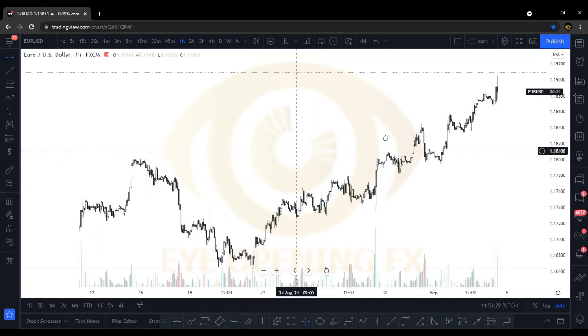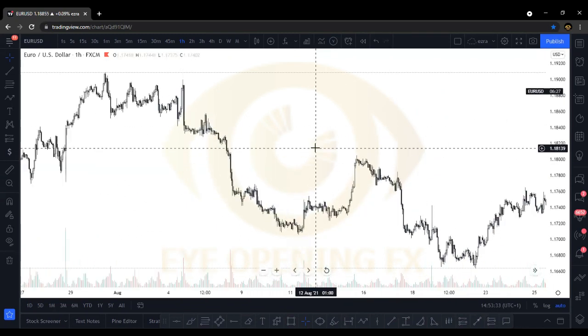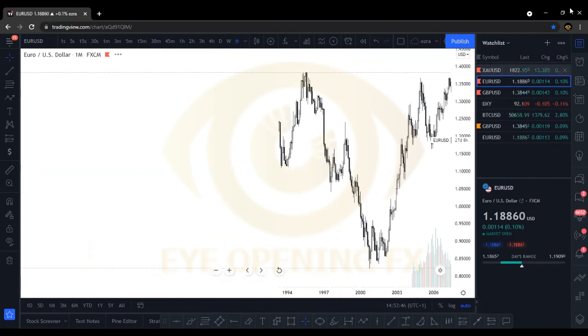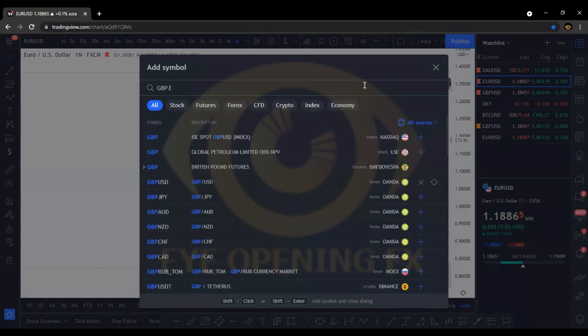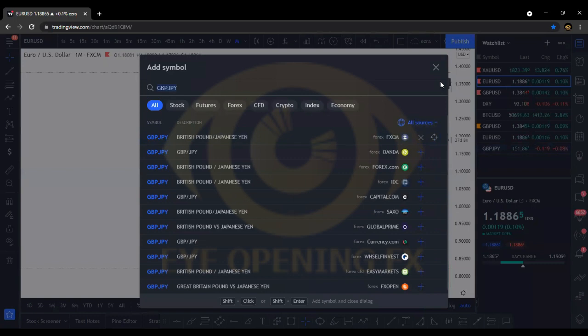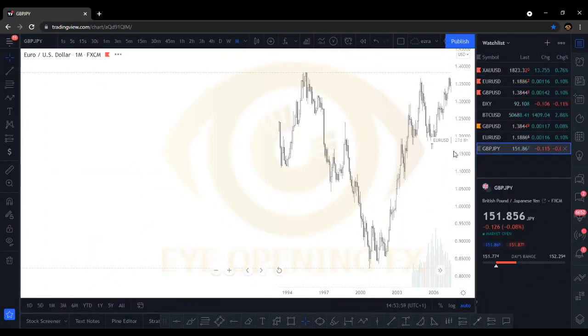The idea of structure and how market builds liquidity. Now, let's use another pair, since this is the pair that I do trade, so that at least you understand what we are saying. Or we can use a different pair. Let's use GBP JPY.